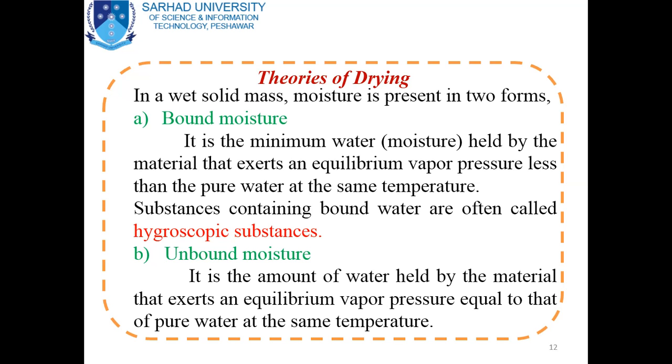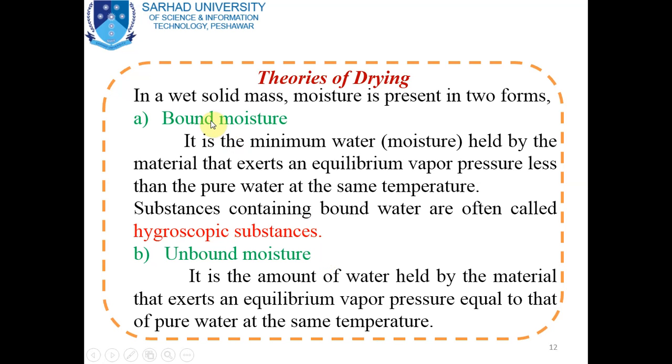When moisture is present in that solid mass, which is in the wet form, it exists in two forms: the first one is bound moisture and the second one is unbound moisture. The moisture content present in that solid mass may be present in either of the two forms, bound moisture or unbound moisture, or a combination of both.